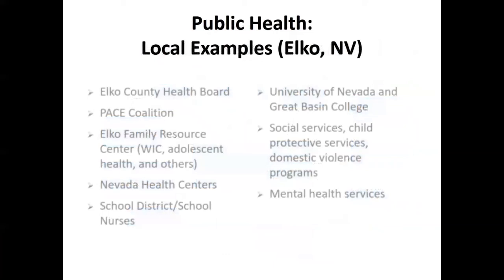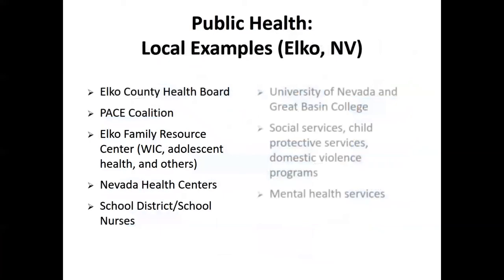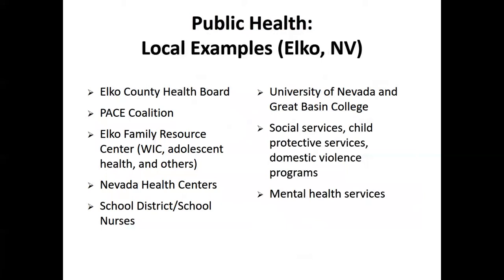Some local examples of organizations that are a part of the local public health system in Elko include the newly formed Elko County Board of Health, PACE Coalition, Elko Family Resource Center, Nevada Health Centers, Elko County School District and its nursing staff, institutions of higher education such as the University of Nevada and Great Basin College, social service organizations, CPS and domestic violence programs, and last but not least, organizations providing mental health and substance abuse programs.